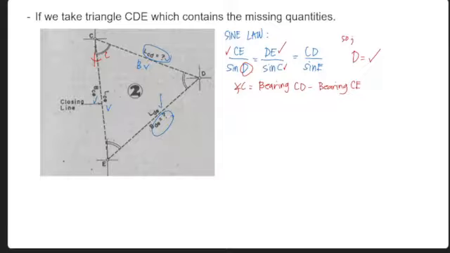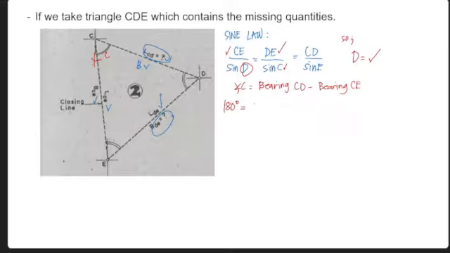So, magkakaroon lang tayo ng isang unknown which is D. And since available si CE, meron si DE, sine C or angle C is also available by this. So, we can determine the angle D. Okay. And since this is a triangle, we say that yung ating interior angle, the sum ng interior angles natin is 180 degrees.